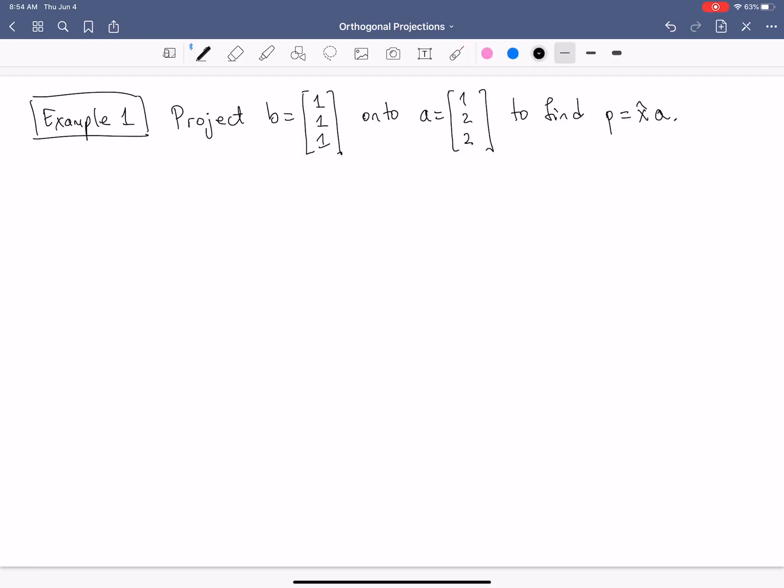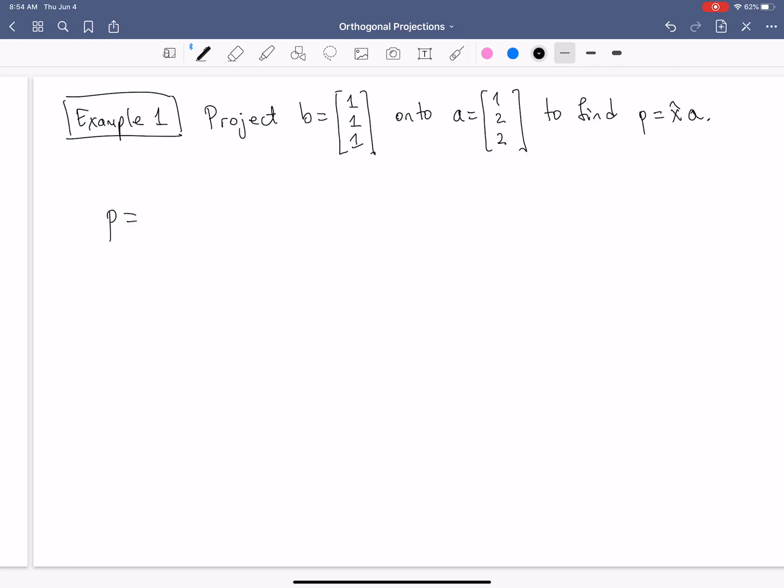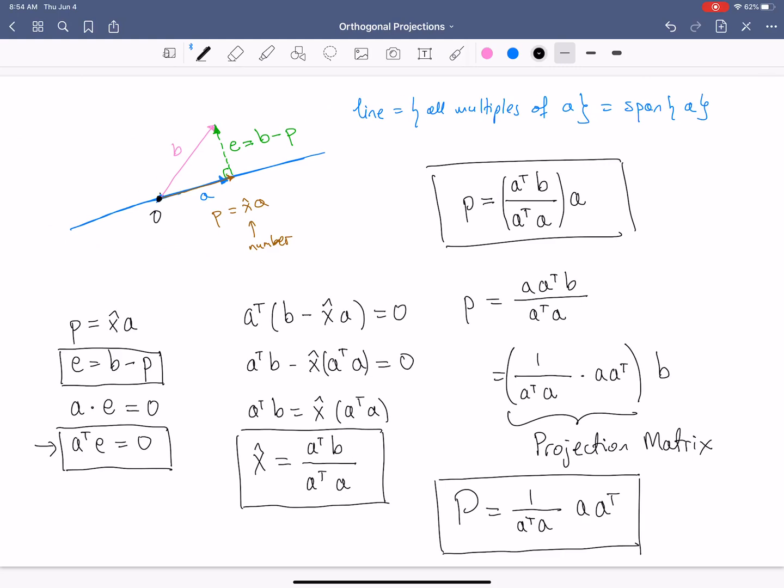So it's a matter of applying the formulas. First, we have to find x hat, or we can go straight away into finding what the projection is. We actually have the formula conveniently. So that's this formula over here. Why not just copy it, I suppose.